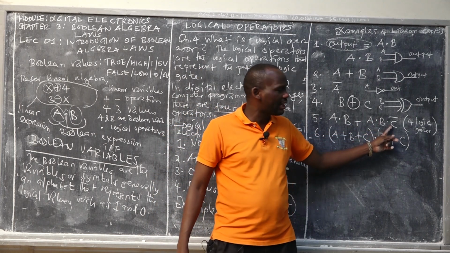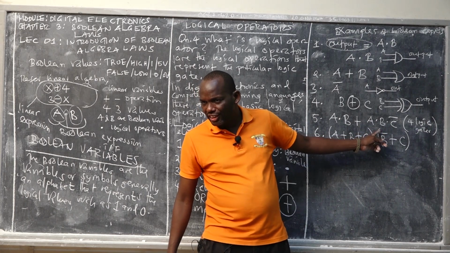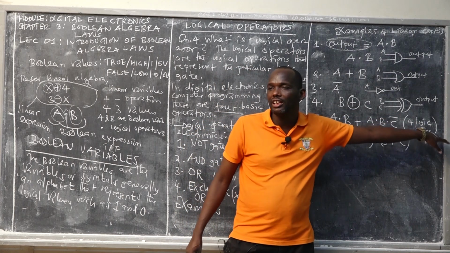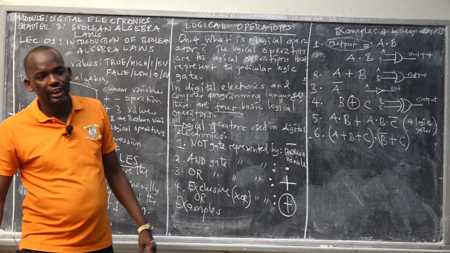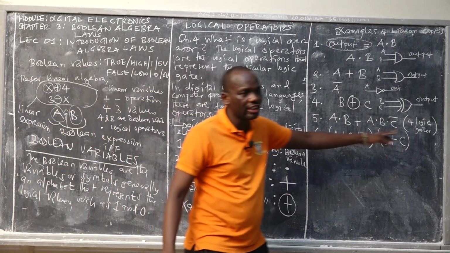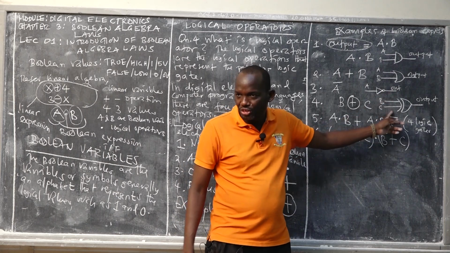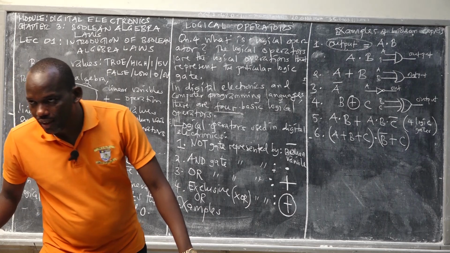And this one is the third logic gate, so we call it AND gate. And this one represents a NOT gate. So we have 4 logic gates. And these are the basic logic gates: AND gate, OR gate, AND gate, NOT gate. Class, are we together?